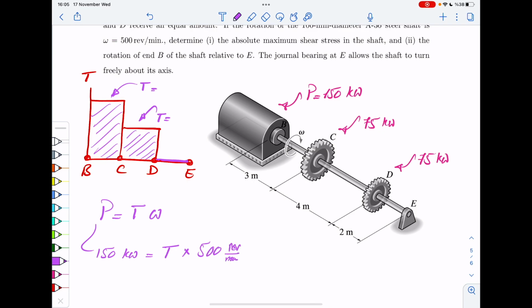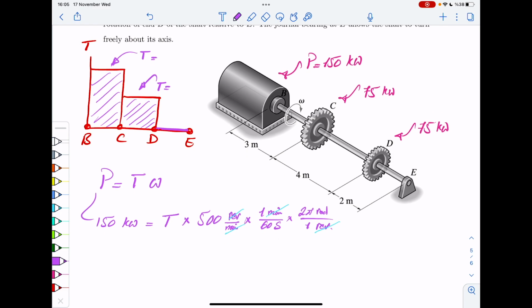Then again, we do our trick to change the units. So 1 minute per 60 seconds, and 2 pi radian per 1 rev. We do this so that we can cancel these and get something in terms of radian per second.